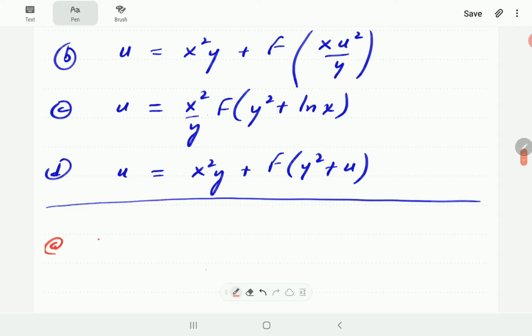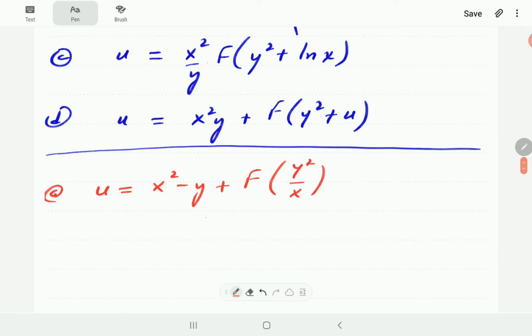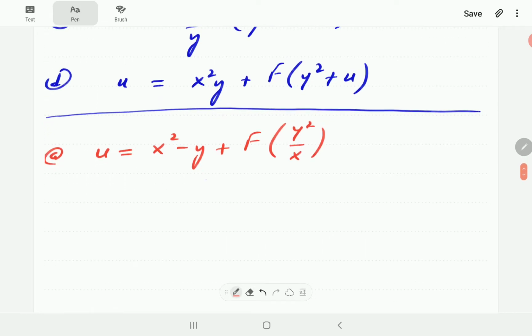So A, we have got u equal to x squared minus y plus a function of y squared over x. So what we're going to do here is differentiate this first with respect to x. On the left hand side we're going to have u_x, then the derivative of x squared is going to be 2x.